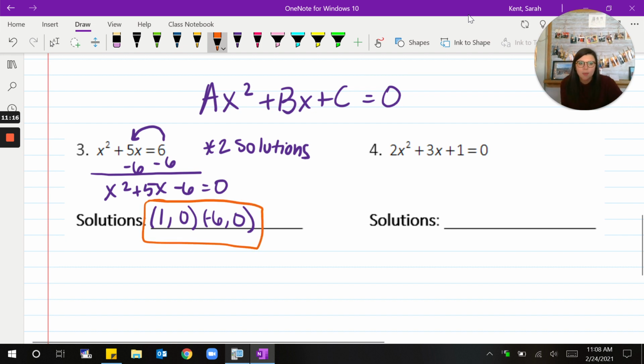All right, one more example. This time we have 2x squared plus 3x plus 1 equals 0. That is in standard form. This is good. So here we had to move that 6 because it was not in standard form. We had to get it to have the plus c. But number 4 is already good to go.